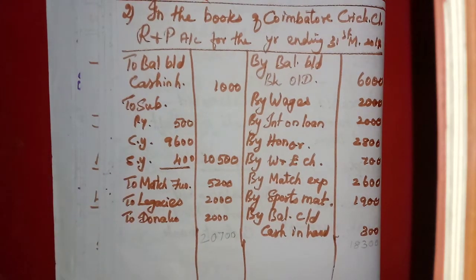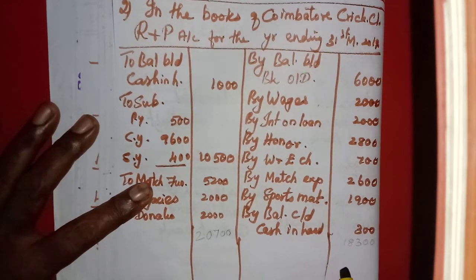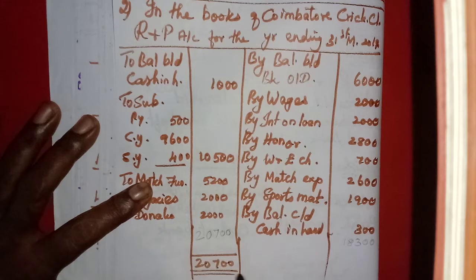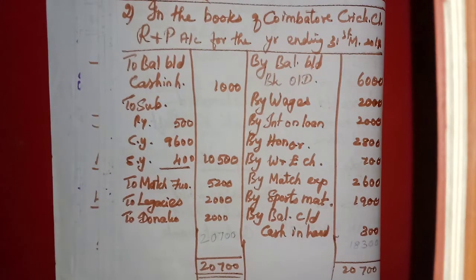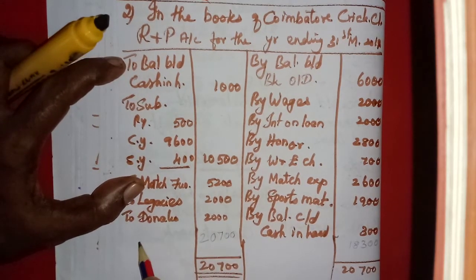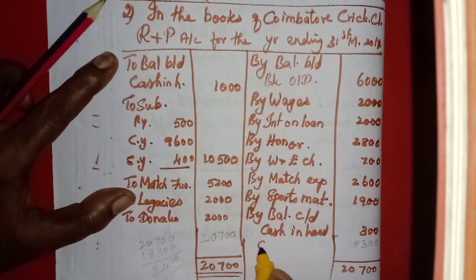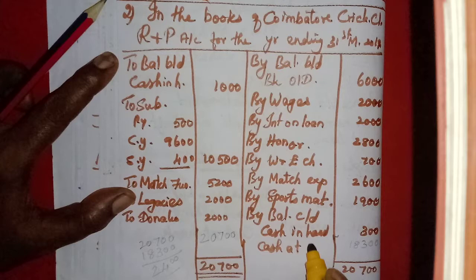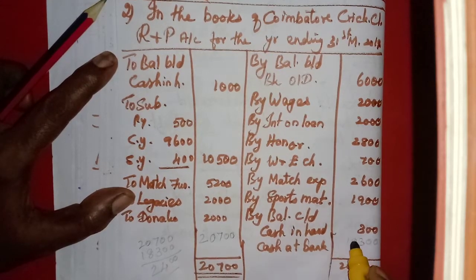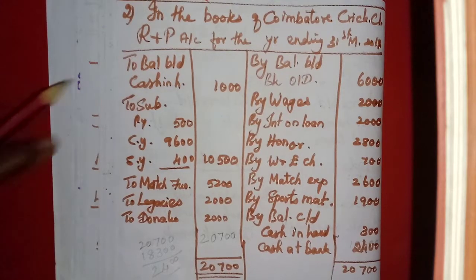So 20,700, that's the greater amount. So now we can find out the difference. Here 20,700 minus 18,300. 4, 20 minus 18, 2. Okay, 2,400. So cash at bank, we should write 2,400. Okay, we will get this amount.